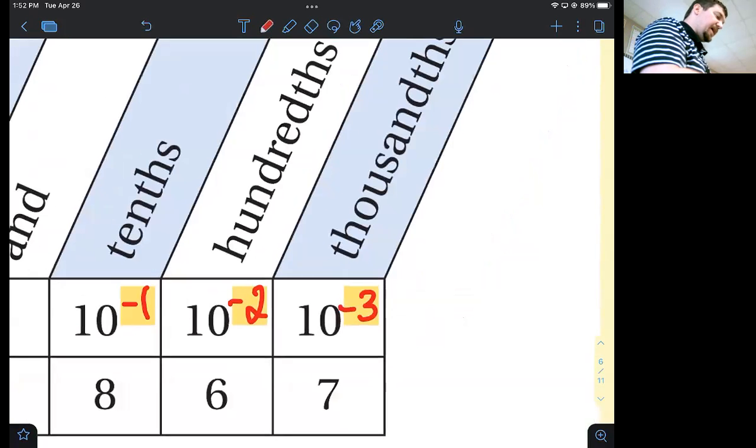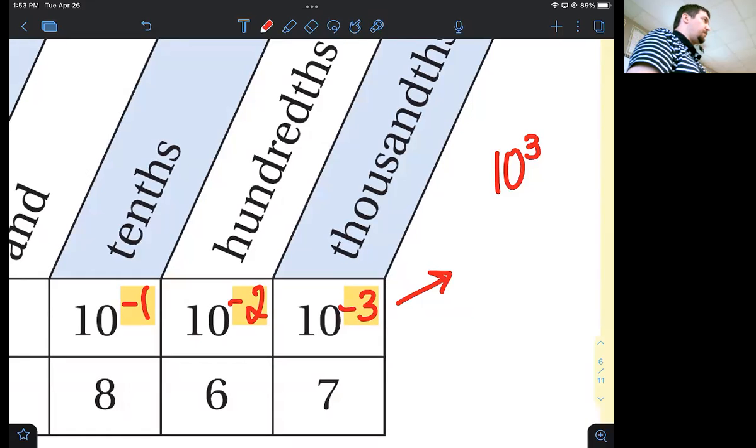What I'm going to try to show you today, in my short amount of time left, is that when you have a number raised to a negative power, essentially all you're doing is reciprocating it. Do you know what the reciprocal of a fraction is, Owen? So if this is 10 to the third, what's the reciprocal of 10 to the third? Shane?